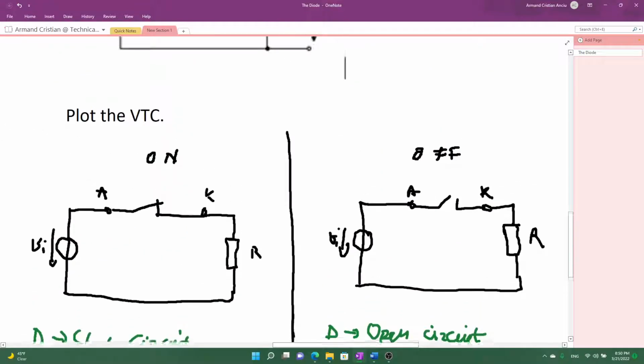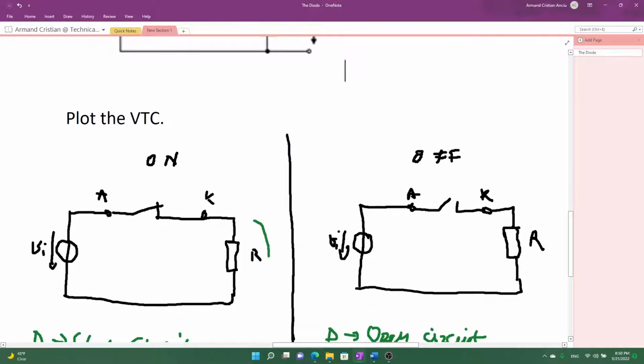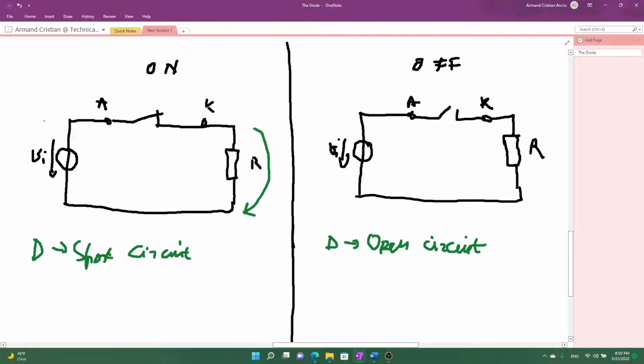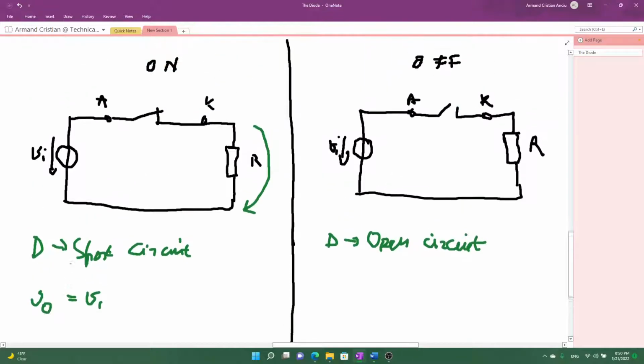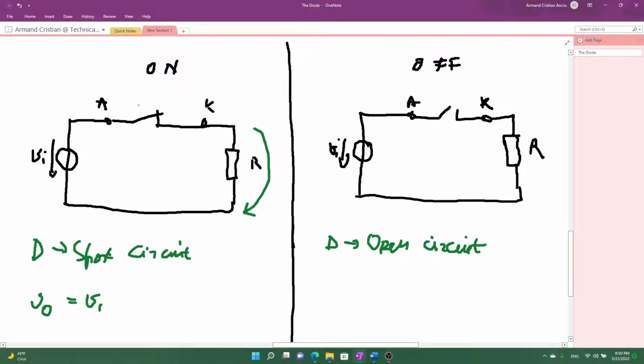Okay, the output voltage, which is measured across the resistor for the on state, will be equal to the input voltage. So V0 will be equal to Vi. Because, remember, the diode is a short circuit. Meaning, basically, we have a wire here. So this voltage source and the resistor are connected.